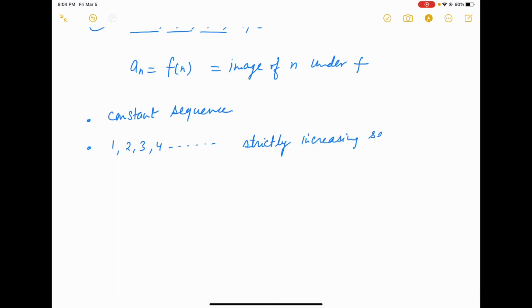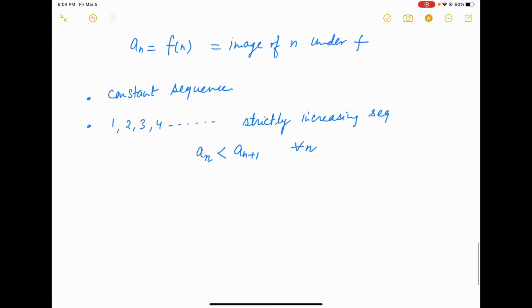Strictly increasing sequence, that is a_n is less than a_(n+1) for all n. For every natural number n, a_(n+1) is greater than a_n. That is, each element is greater than its previous element.